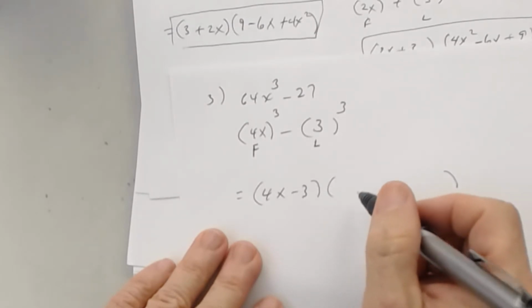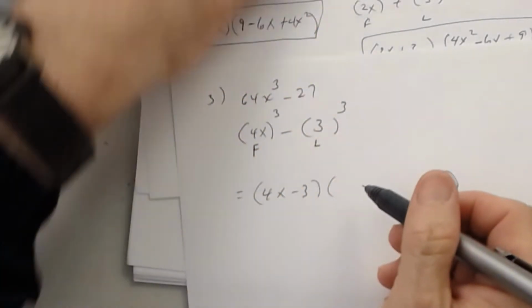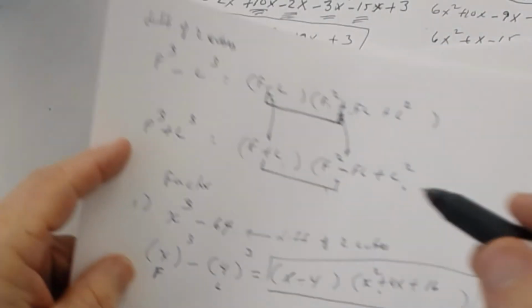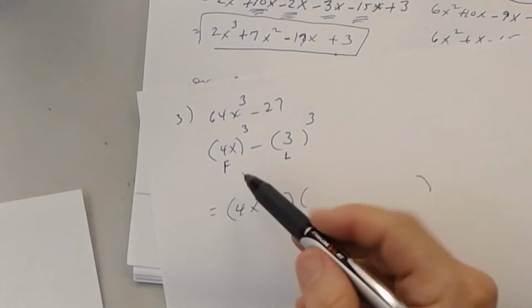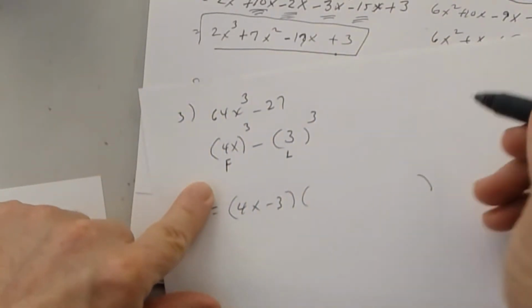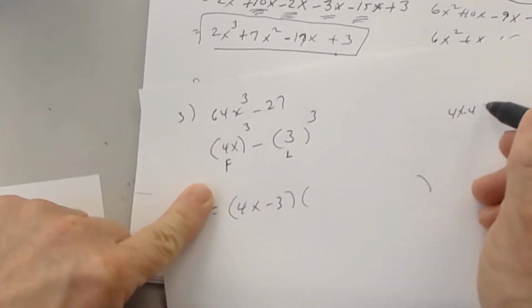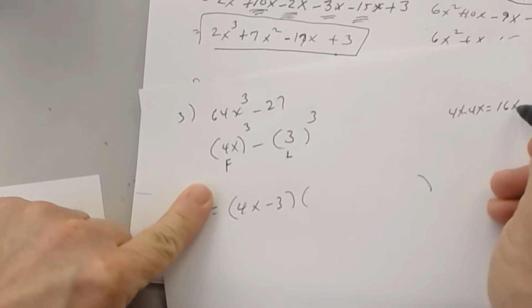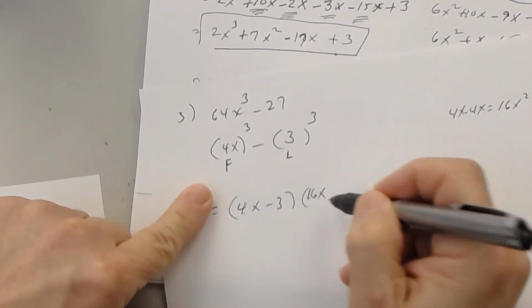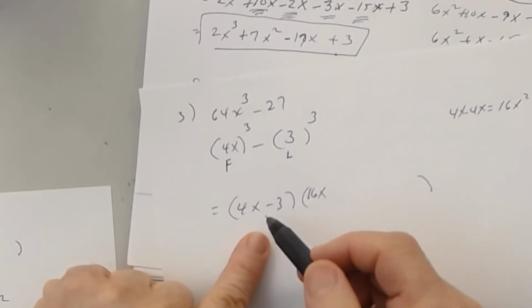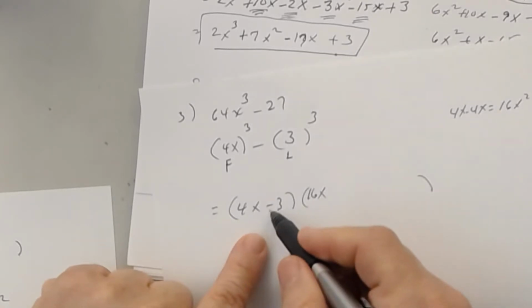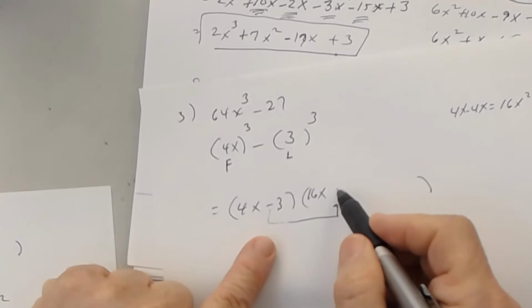Now let's talk about the trinomial. So to get the trinomial, remember your formula, you're going to take f and square it. So f times itself. What's f in this case? 4x. So what's 4x times 4x? 16x squared. Now remember, that's 4x minus 3, your binomial, right? So this is subtraction. So that means this middle term is going to be what?